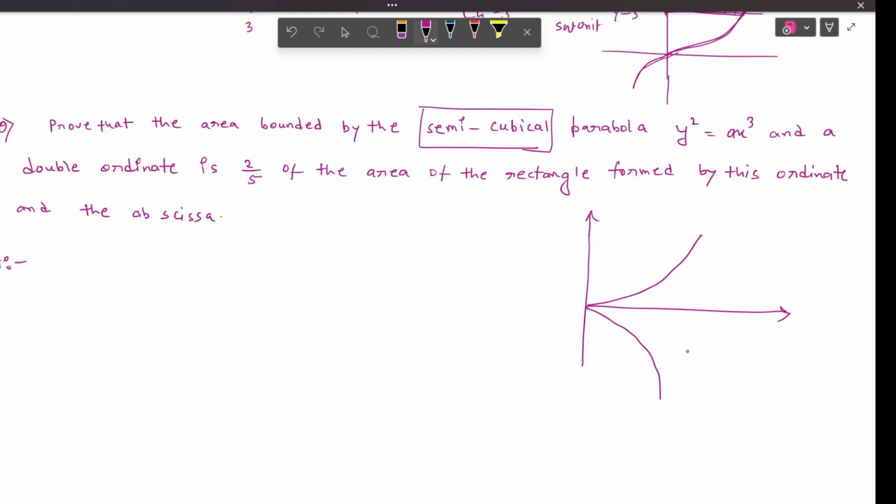Now let us say that at x equals to b, AB is the double ordinate of the semi-cubical parabola.